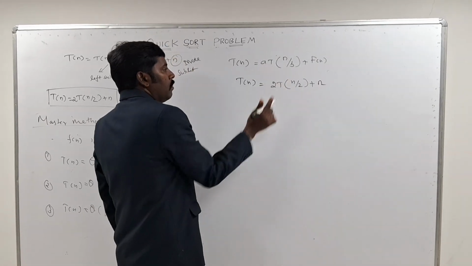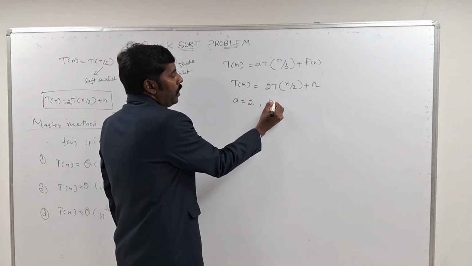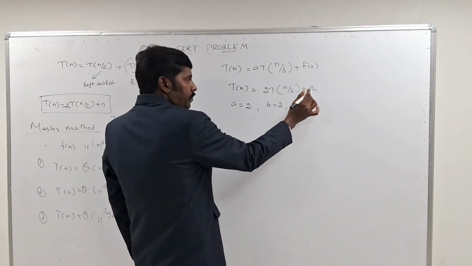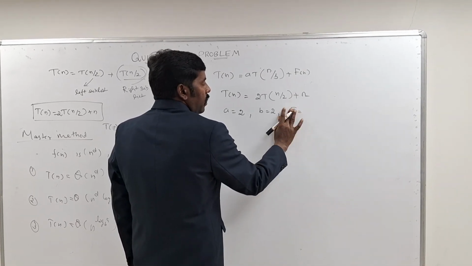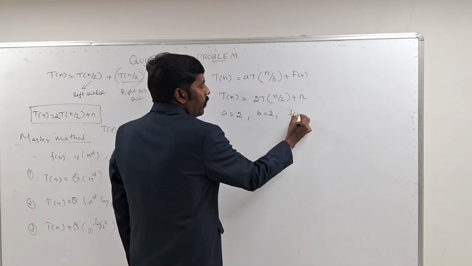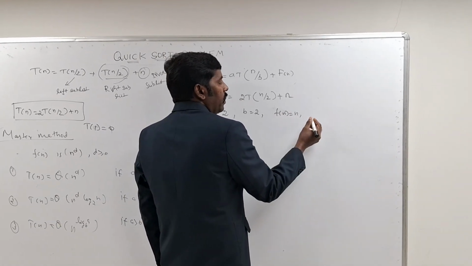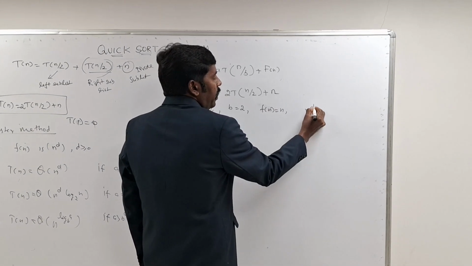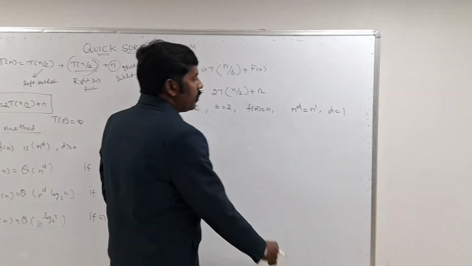So matching both equations, here a = 2, b = 2, and f(n) = n. That means f(n) is n^d, so n^d = n^1, so d = 1.